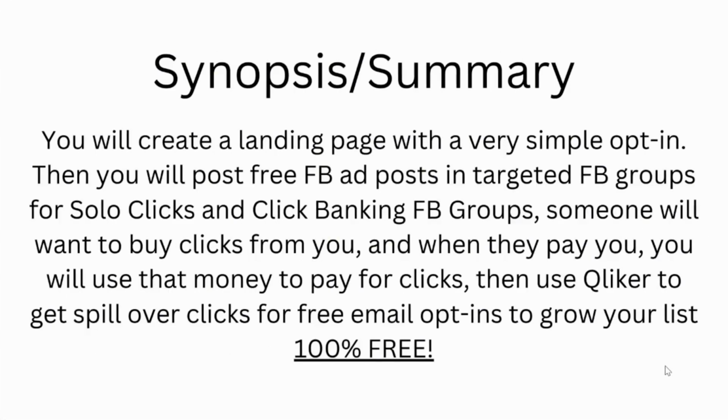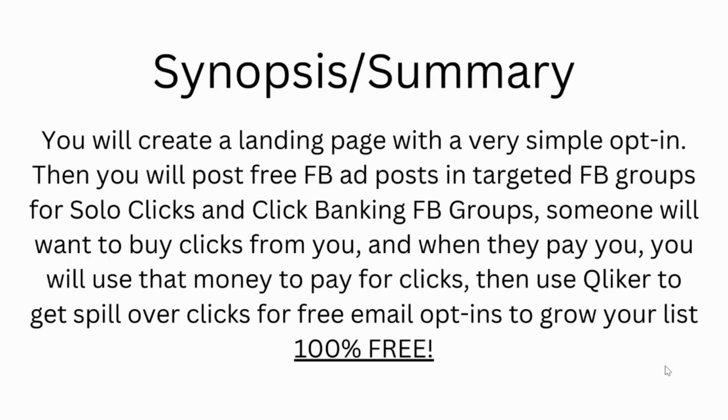Now, to give you a quick general synopsis or summary on how this works, you will first create a landing page with a very simple opt-in. Then you will post free Facebook ad posts in targeted Facebook groups specifically for solo ad clicks and click banking Facebook groups.